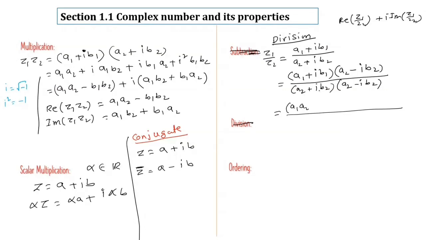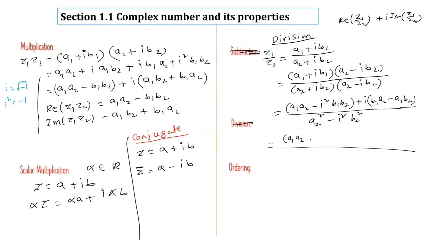So the multiplication will be a1 a2 and then iota b1 and minus iota b2, so it will be minus iota square b1 b2 plus iota b1 a2 minus a1 b2, and the denominator will be a2 square minus iota square b2 square.